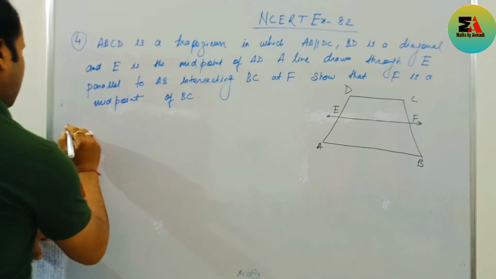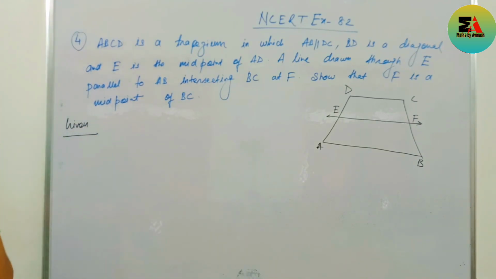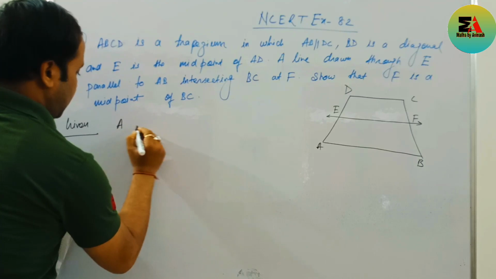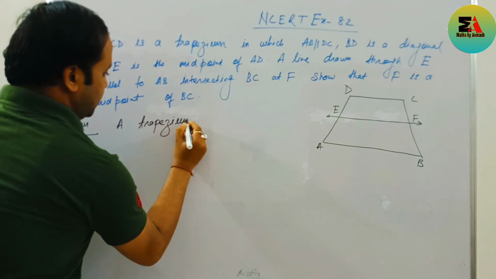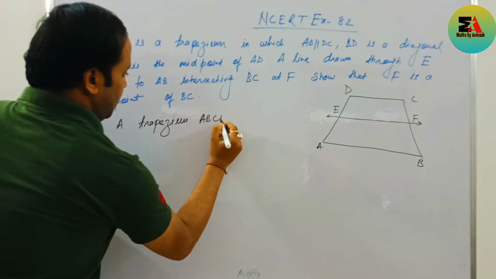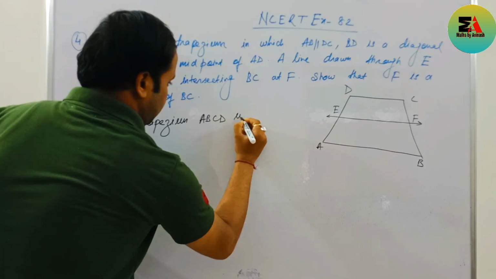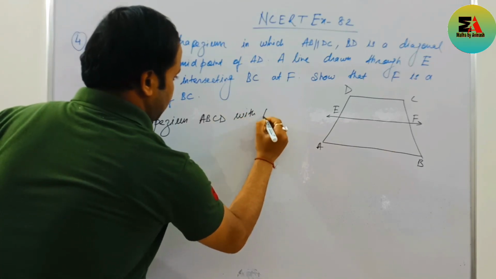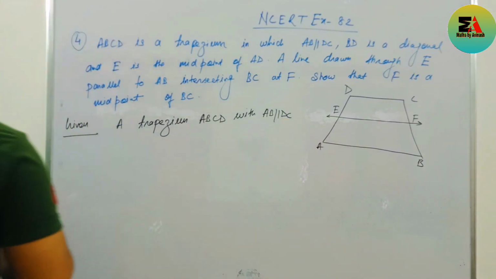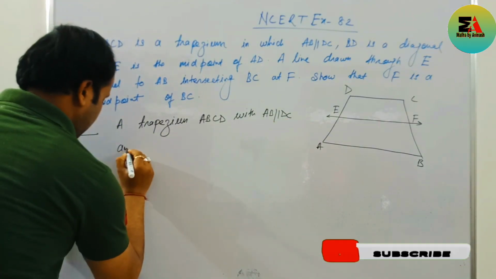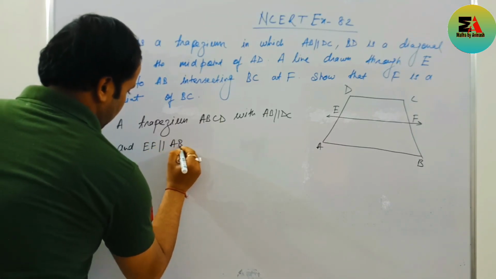Now, how do we prove it? First, write the given part. What is given? A trapezium ABCD with AB parallel to DC and EF parallel to AB.